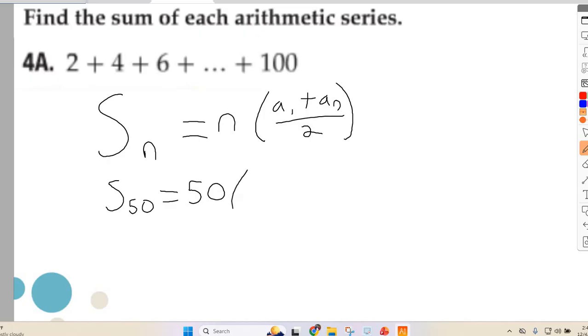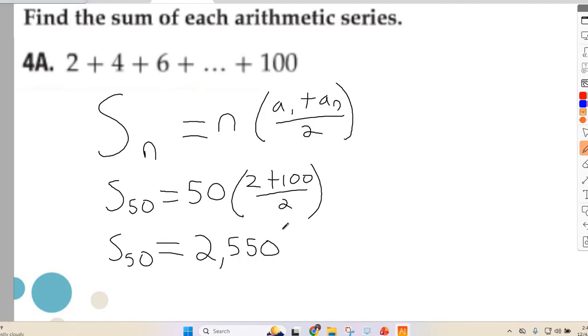So we have 50 times 2 plus 100 divided by 2. So you get 102 divided by 2, or 51 times 50. So what do we get? 2,550. That's good.